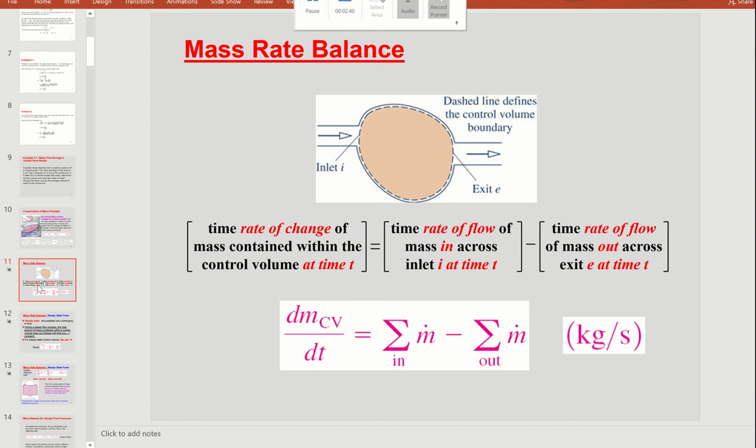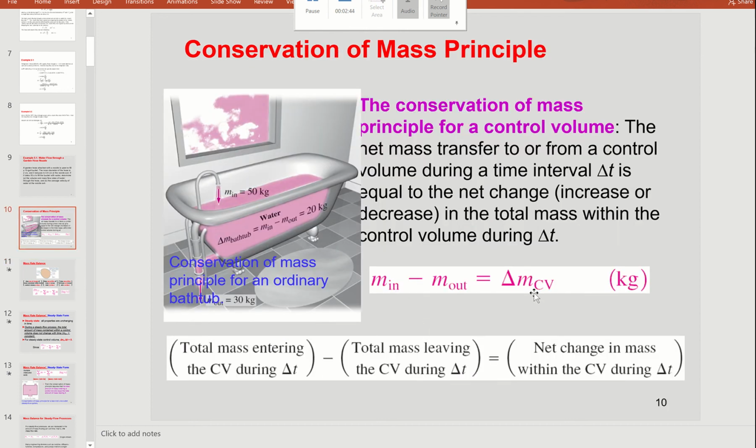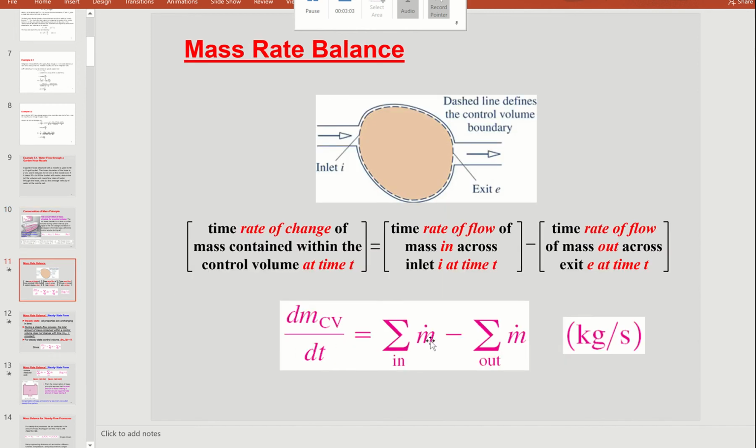Now we're going to divide this equation by time on both the left side and the right side. When we divide mass by time, that gives us the mass flow rate. So the mass flow rate coming in minus the mass flow rate going out, m dot in minus m dot out, equals the change of the mass inside the control volume divided by time.